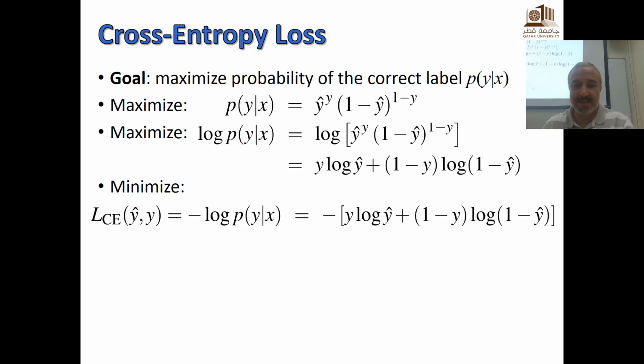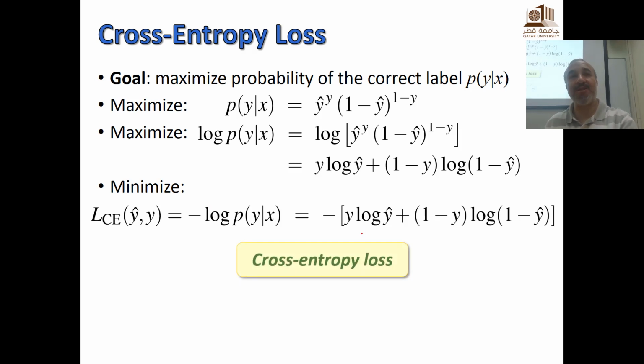So now our goal is to minimize this function. This function is called the cross-entropy loss function. I think you heard about loss functions before, right? What is the goal, or the objective, of a loss function?